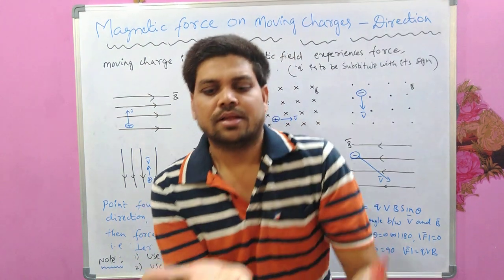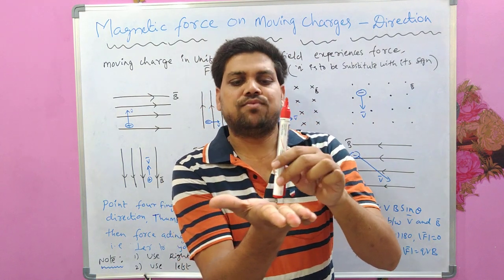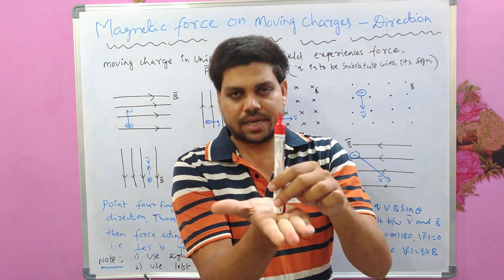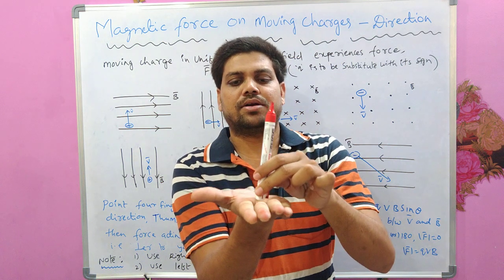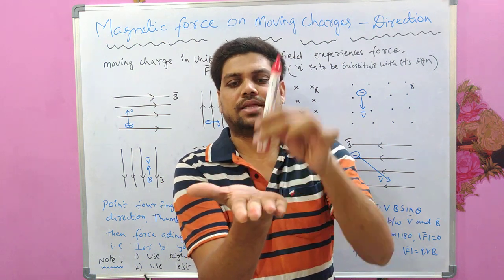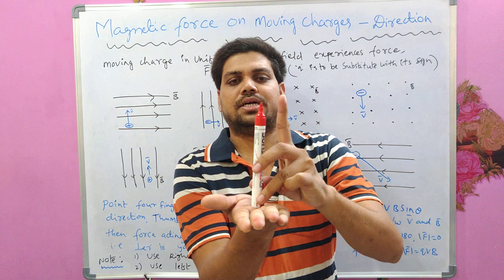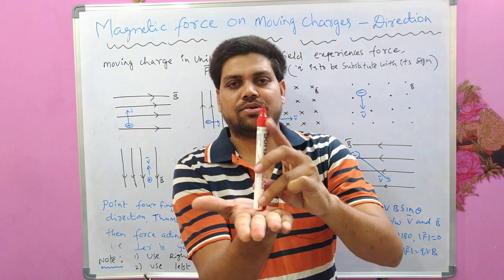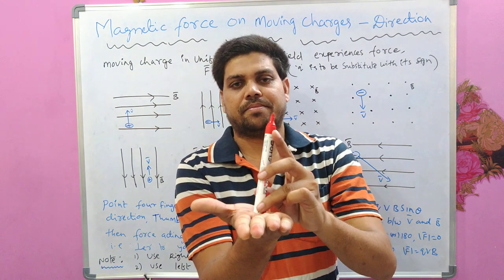Then the magnetic force acting on that charged particle would be perpendicular to your palm, like this. This is the direction of the magnetic force acting on the charged particle.